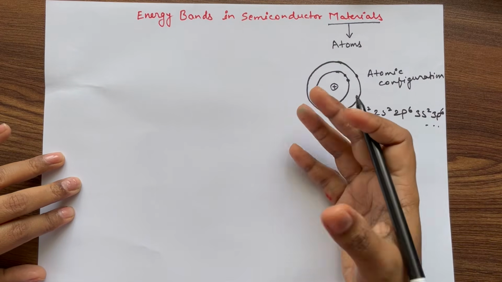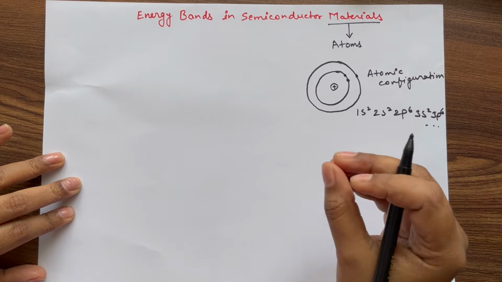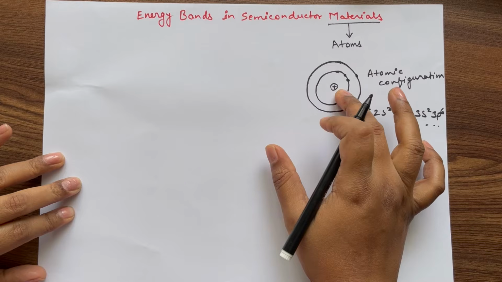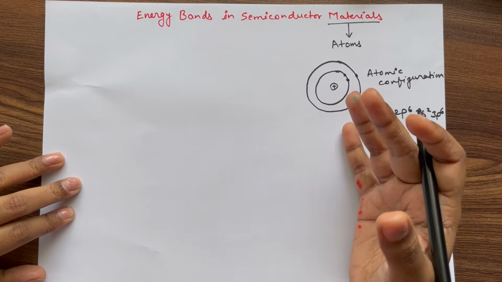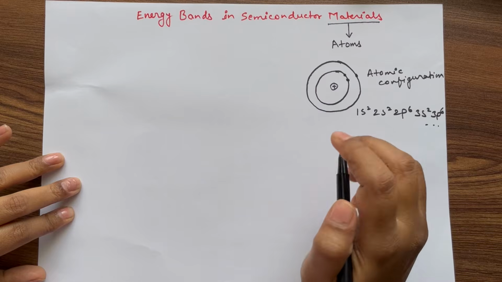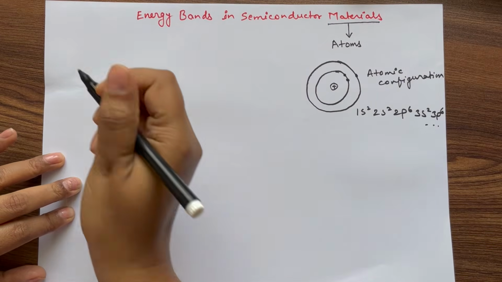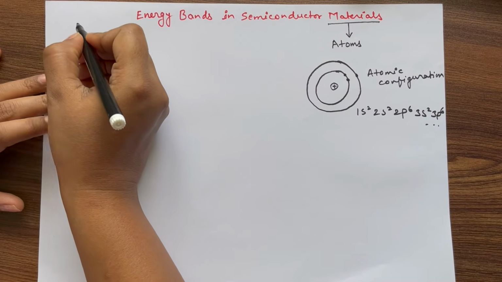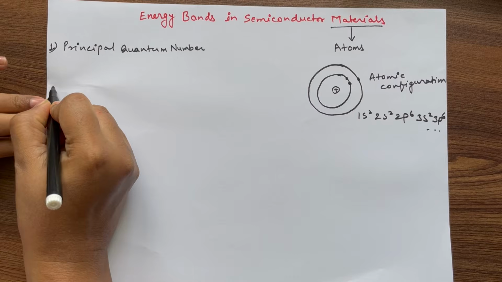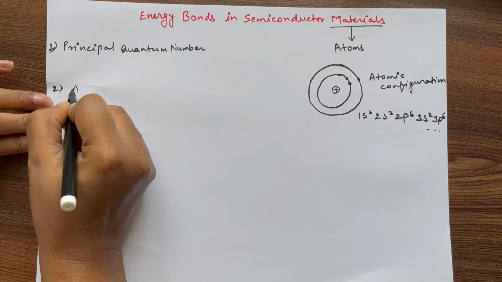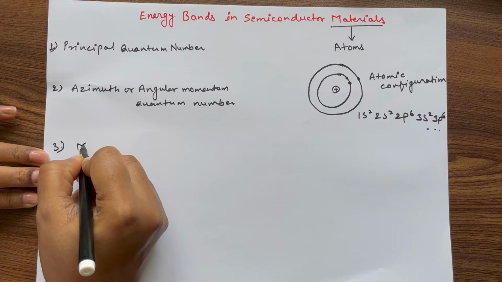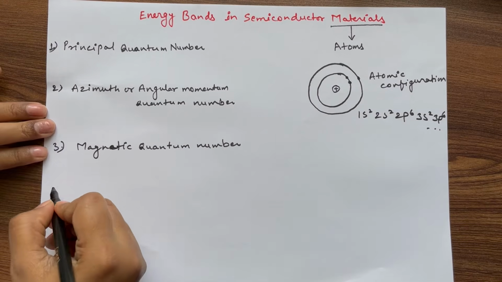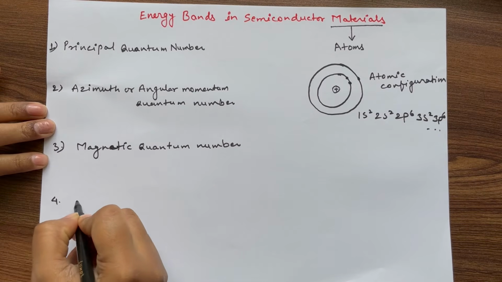Quantum numbers are a set of numbers that describe the properties of electrons in atoms, including their energy, angular momentum and spin. We have 4 quantum numbers. The first one is the principal quantum number, the second one is the azimuthal quantum number, the third is the magnetic quantum number, and the fourth one is the spin quantum number.